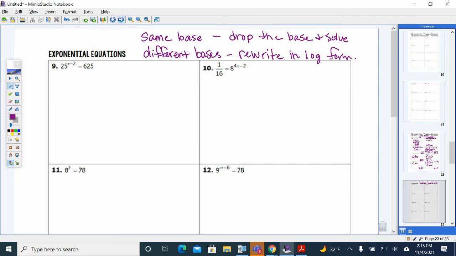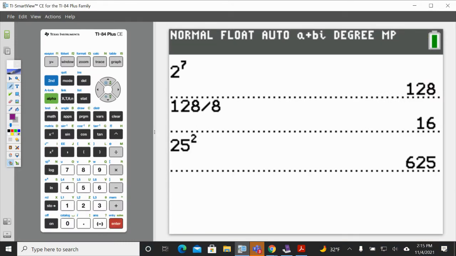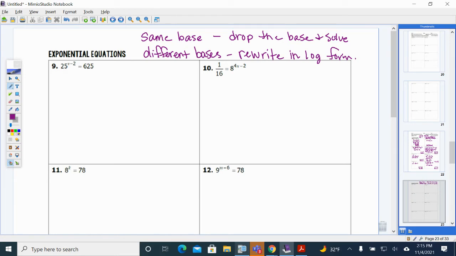So example number 9, 25 to the v minus 2 is equal to 625. So I can tell you 25 squared is 625. So our base on this one can be a 25. Yes, you could have made it a 5, but 25 is going to work because 625 is 25 squared.